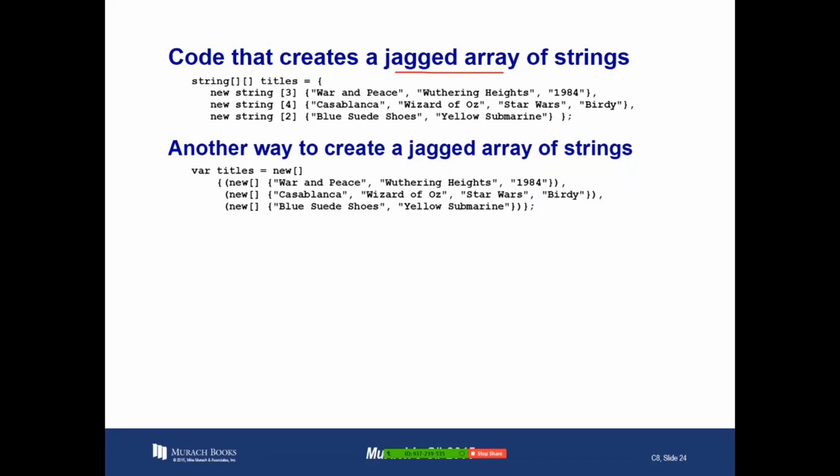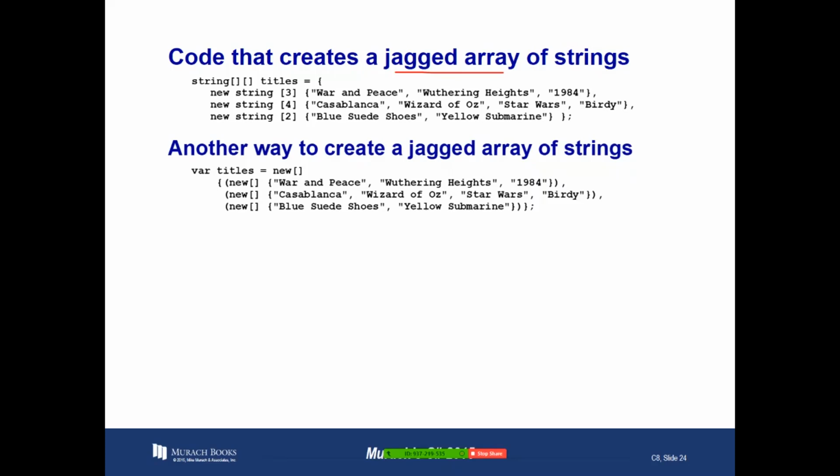The first row's got 3 movies, and this could be something like the movies that were made at the Warner Brothers movie company, and the second array was made by some other movie company, or maybe years or genre or something, and so on.